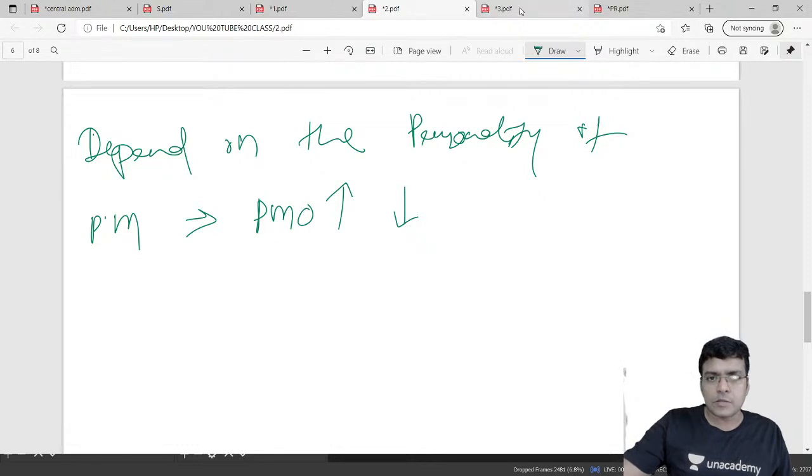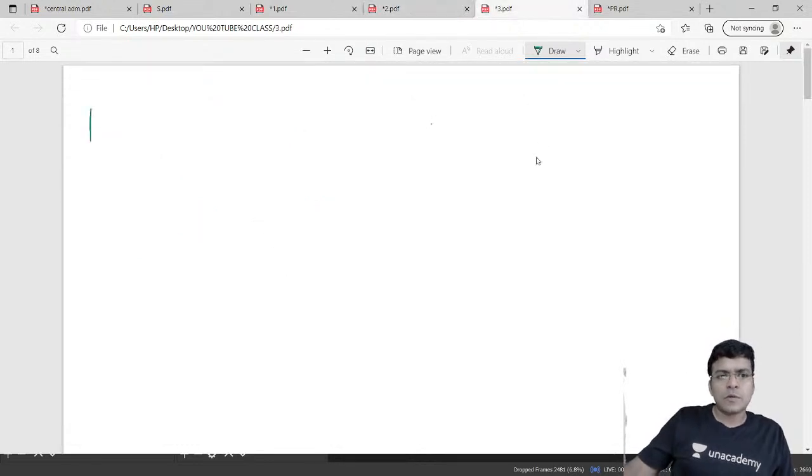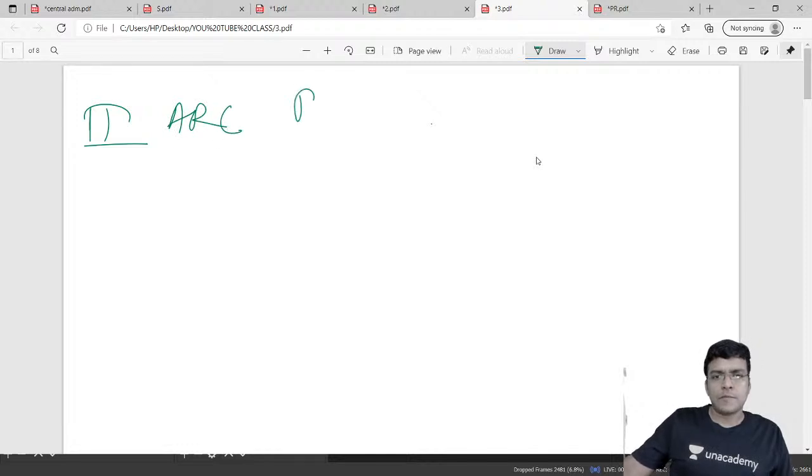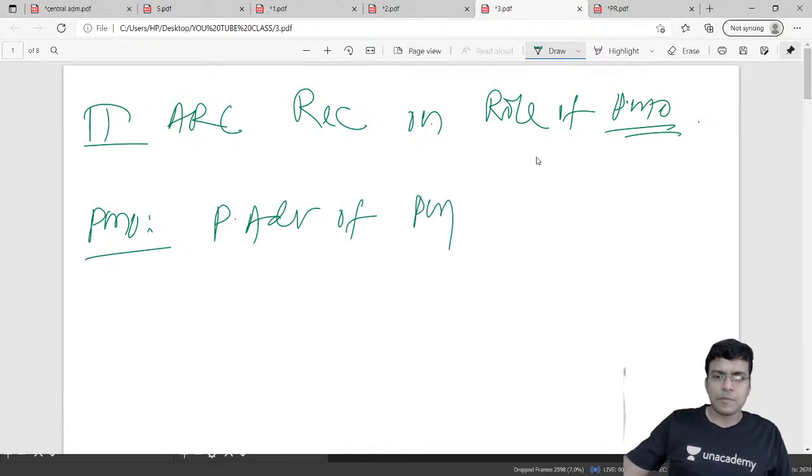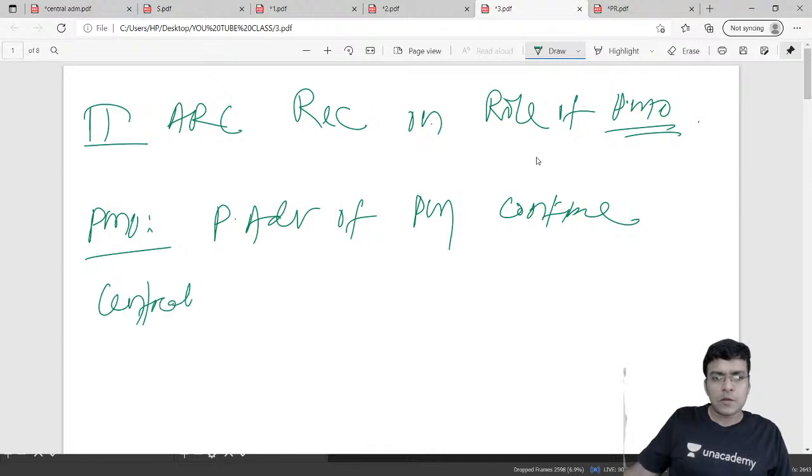Okay. Lastly, you write about the second ARC recommendation on the role of PMO. The second ARC said, yes, PMO as the principal advisor to the PM should continue, but it should not resort to a centralized role.